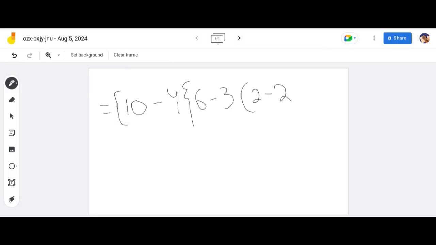Then here I close the small bracket, after that I close the curly bracket, and after that I close the big bracket. This is the method to represent the order of brackets. Remember that if we start with square, it will end here. If we start with curly, it will end here. If I start with the parenthesis, it will end here.